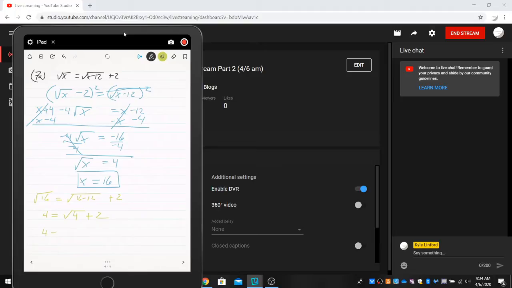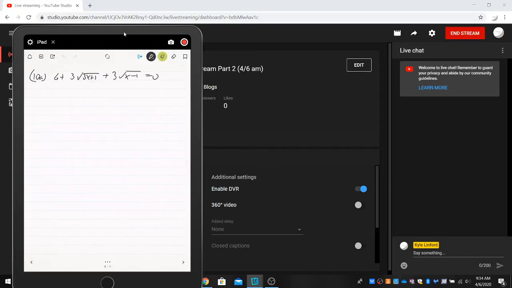The square root of 4 is 2, and when I add 2 and 2 together, I get 4. So it works. 16 is, in fact, a full solution for us. Again, I always say plug it into the original problem, because you don't want to plug it into the simplified version, since the simplified version could have a different domain than the original, okay?